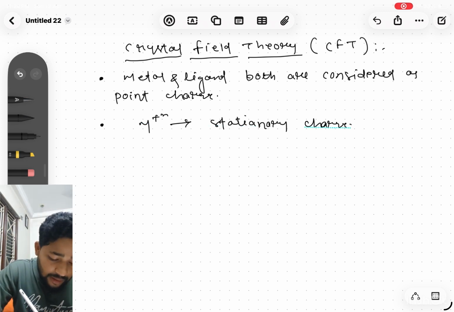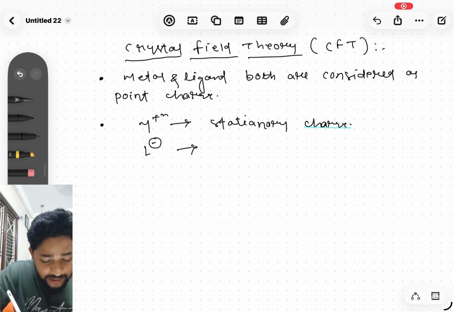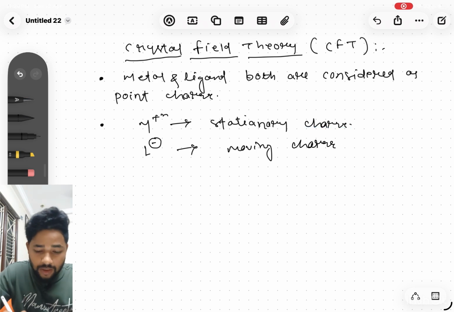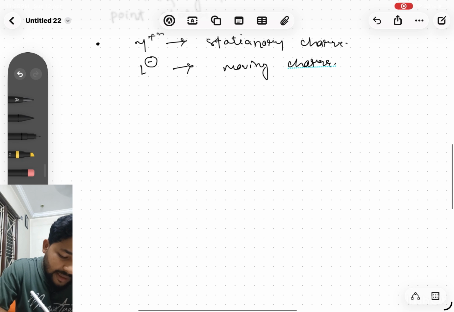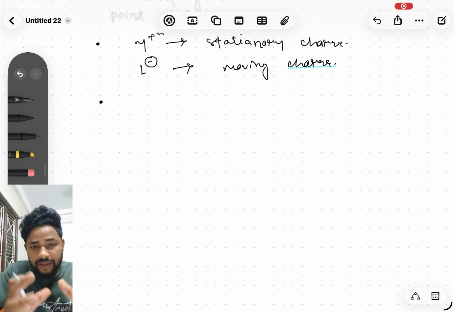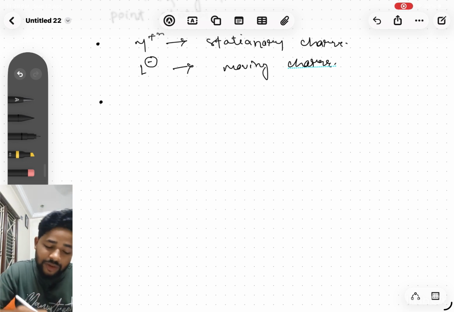Okay, and this ligand charge is considered as moving charge.